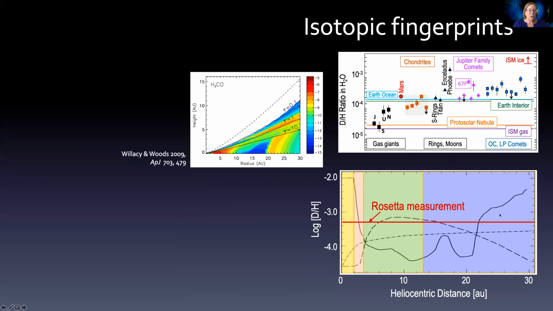The different colored regions show regions in the disk from where material could have scattered from the outer solar system and reached Earth based on different models. What you can see is this one measurement is consistent with two chemistry models, and that's consistent with most of the dynamical models.